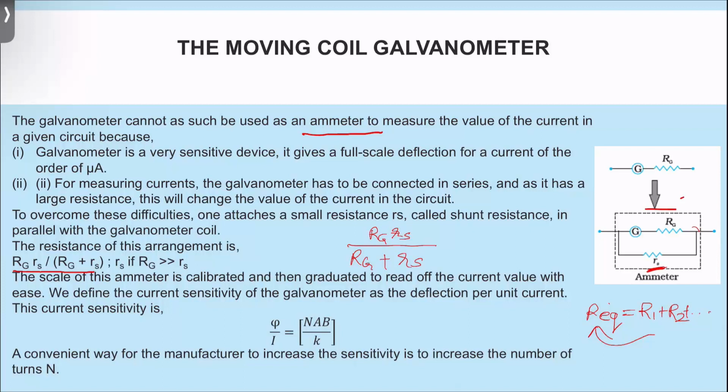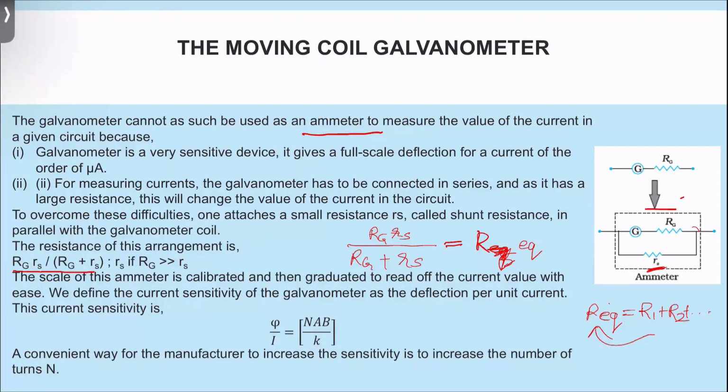This is the equivalent resistance. To read off the value of the current passing through, with respect to the equivalent resistance that we get, we can get the deflection on the ammeter scale to understand how much current is actually passing through.